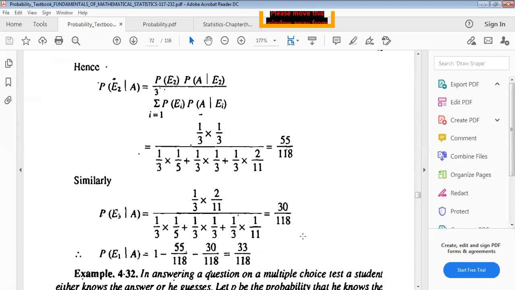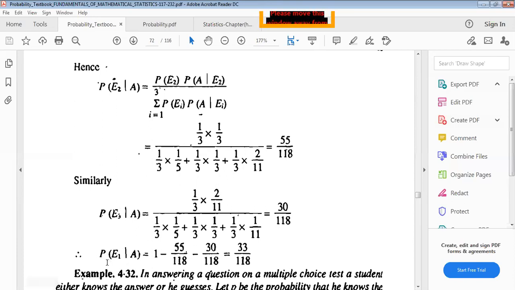Total calculation is this. Similarly, for probability of E2, it comes from E2. That means from the second urn, when 2 balls are drawn, one is red and the other is white. Similarly for E2, and this is for E3. The same formula you have to use here.